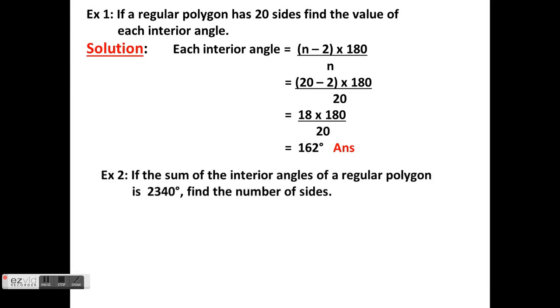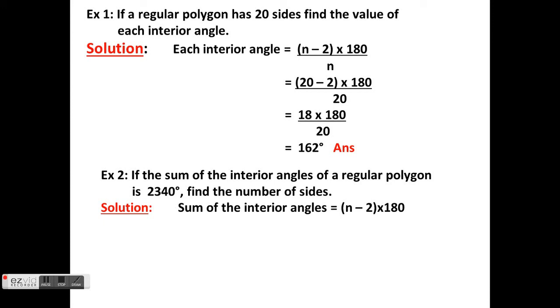Next example. If the sum of the interior angles of a regular polygon is 2340. What is this 2340? Sum of the interior angles of a regular polygon. Sum is given. What we have to find? The number of sides. So, write the formula for the sum of the interior angles. Sum of the interior angles equals (n minus 2) into 180.